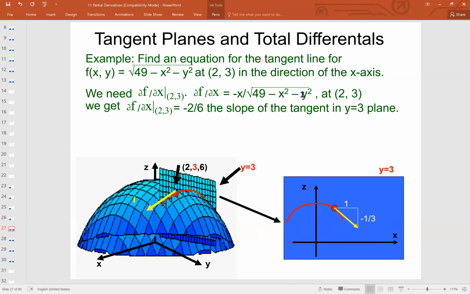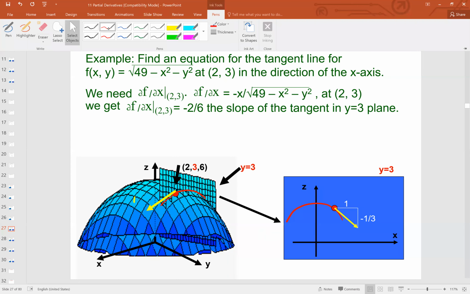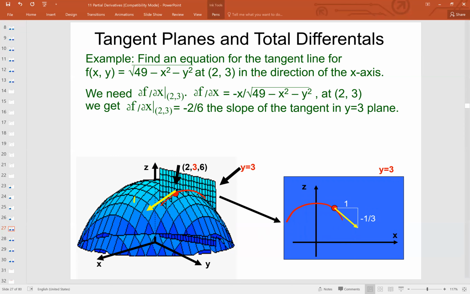So in this picture, that's the tangent line. If its slope is minus 1/3, that means you step over 1, then the z in this case drops by 1/3. This is important because from here I can find the direction for the equation of the tangent line. Remember, we are talking about parametric equations, so I need a direction vector.